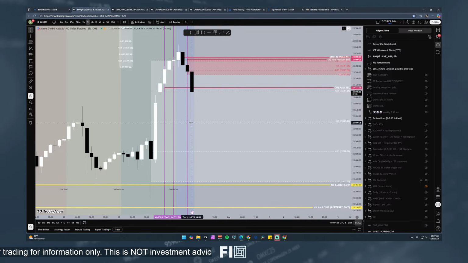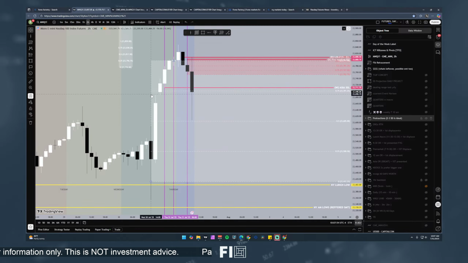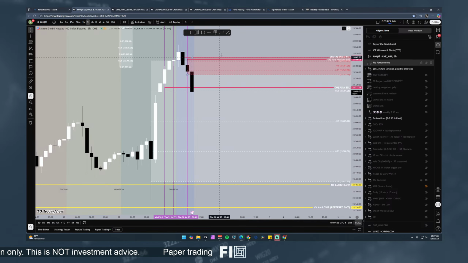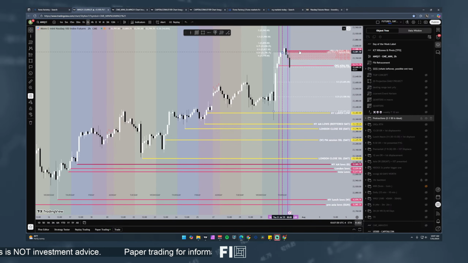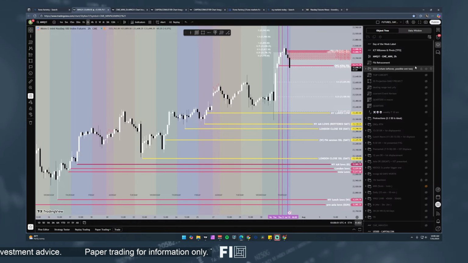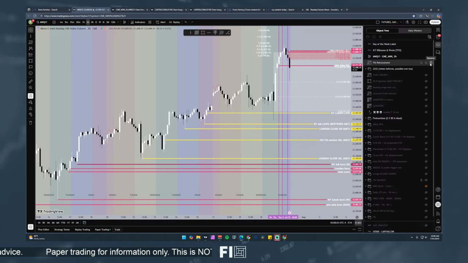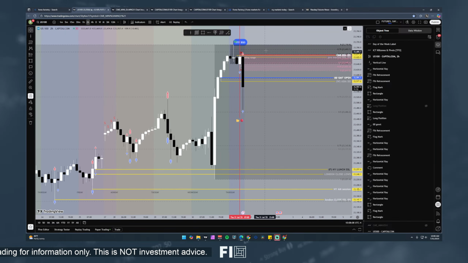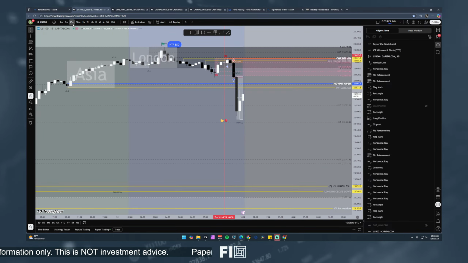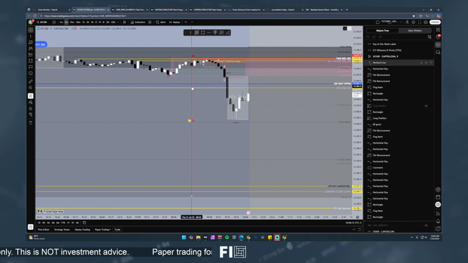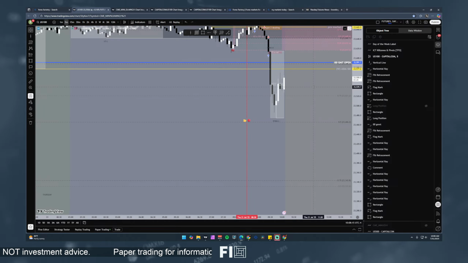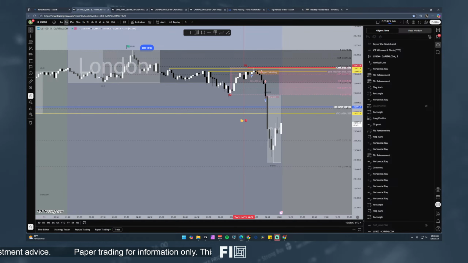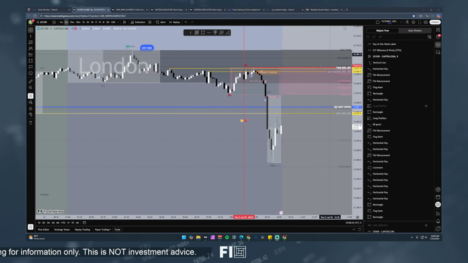Look at that. They will react off consequent encroachment. Volume imbalance. A couple of these here. Sorry, I had to sneeze.